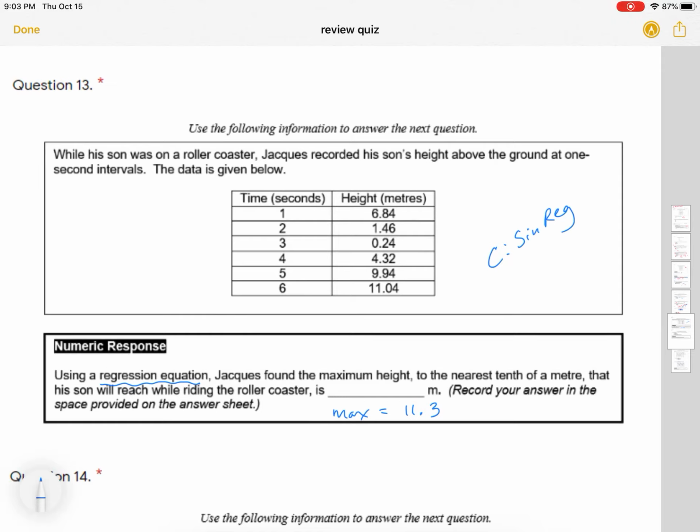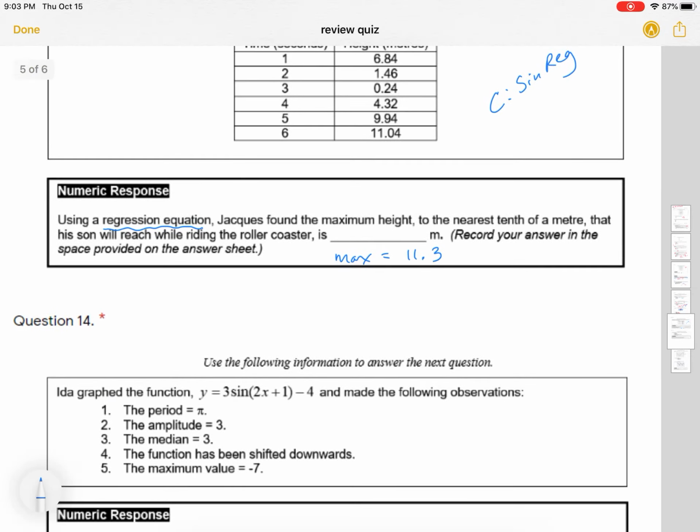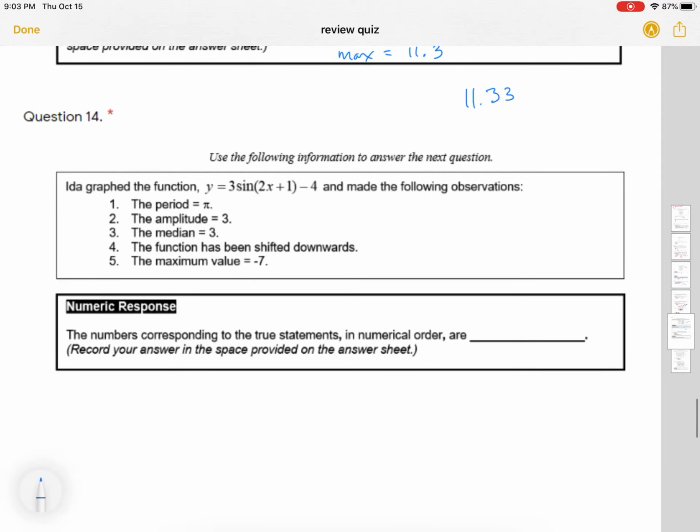So question 13 is, yes, 11.3. So you have to do the regression equation to find what that peak is, but that's what it does work out to be. So he's clearly starting to go up on this curve, right? I believe you actually get 11.33, but it says to the nearest tenth. So you round to 11.3. Okay.